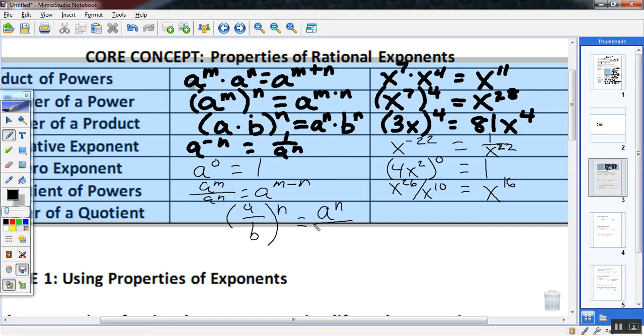So a to the n over b to the n, you bet. So how about 3 over x all to the second power? What's the 3 squared going to get you up top? 9. What's the x squared on the bottom going to get you? So 9 over what? Okay, 9 over x squared.